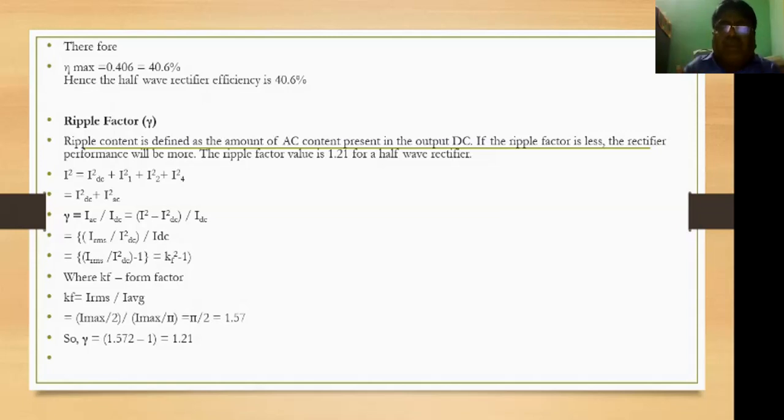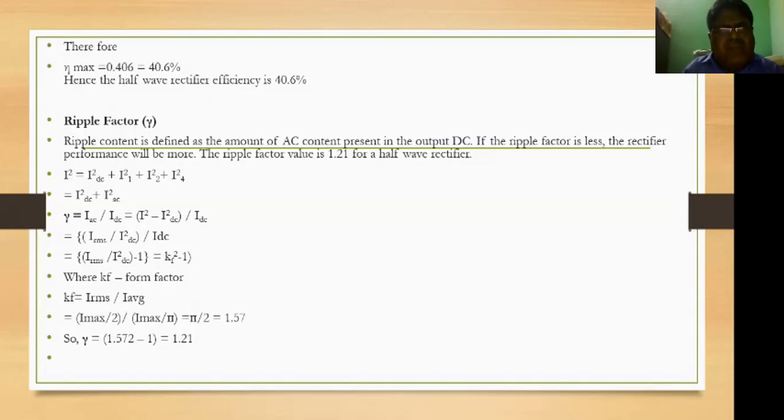So how much ripple factor is there in a half-wave rectifier? Ripple means noise, so here noise means AC content. That AC content is reduced at the output side. That's the main task of the ripple factor. The ripple factor is always represented with the letter gamma. Whenever the ripple factor is lesser, the performance is better.